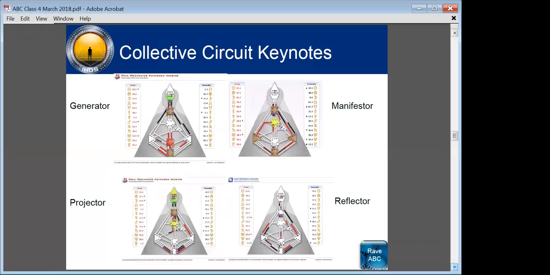Well, the collective circuitry can also be expressed in different charts, but you always go back to how to operate correctly as yourself, which comes down to your type, your strategy, and then you can look at the elements that are unique within that. So for the generator, right up in the upper left-hand corner, it's again a sharing.